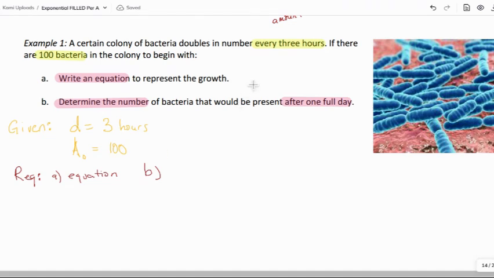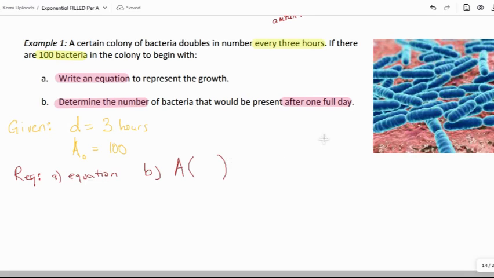So what are we solving for? Yeah. So folks, we are solving for the amount at a given time. What is the given time, the time that has elapsed?